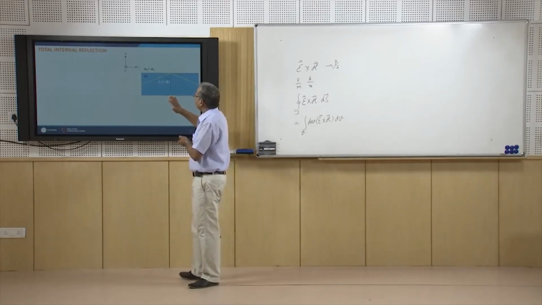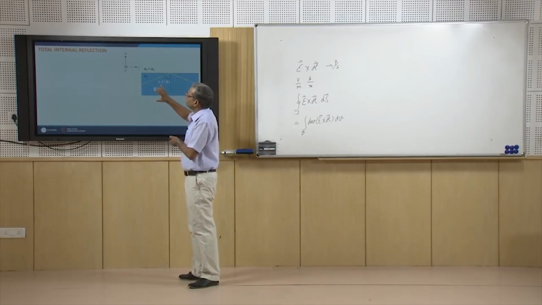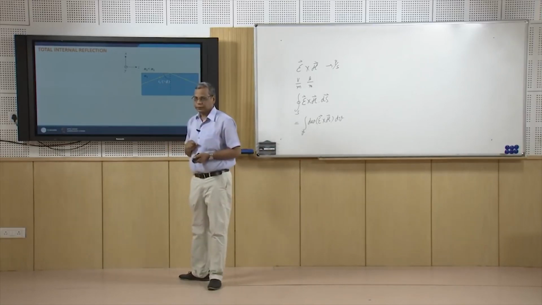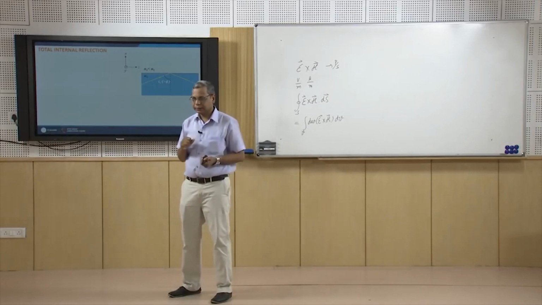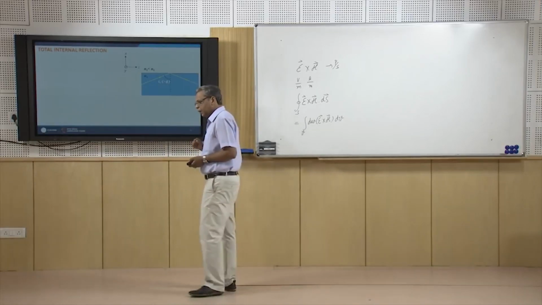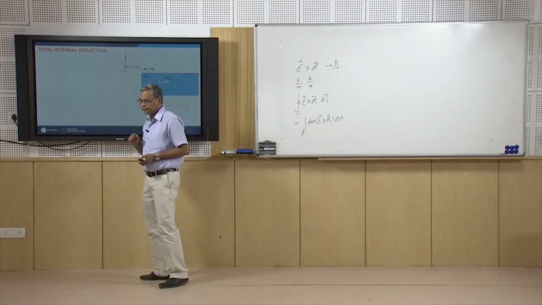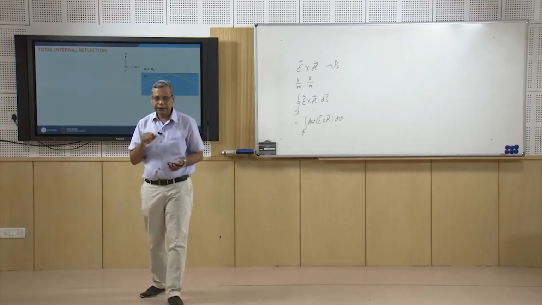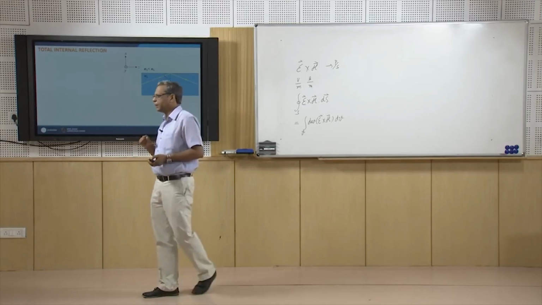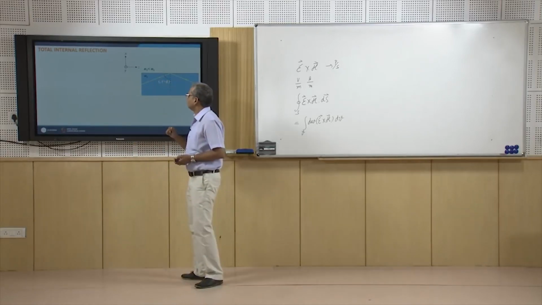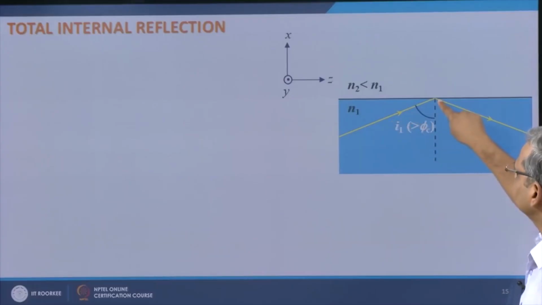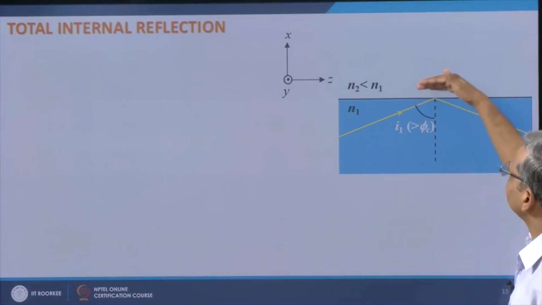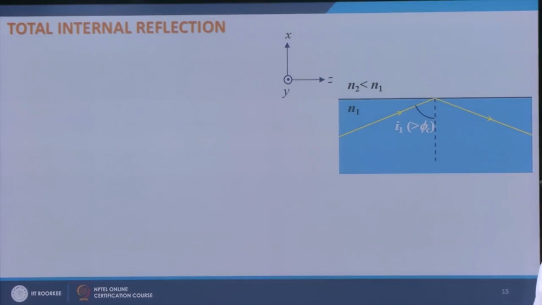Now, lastly, let me revisit total internal reflection and understand some intricacies. You remember that ray theory simply tells me that a ray goes like this and comes back. There is no energy which flows out into this medium.